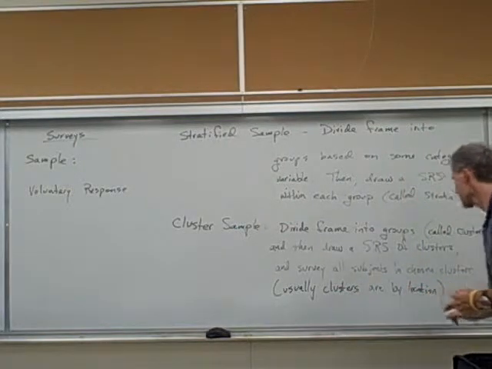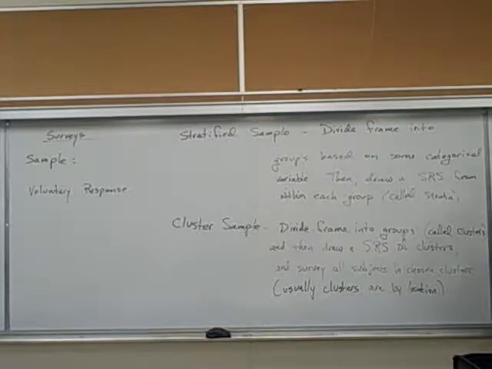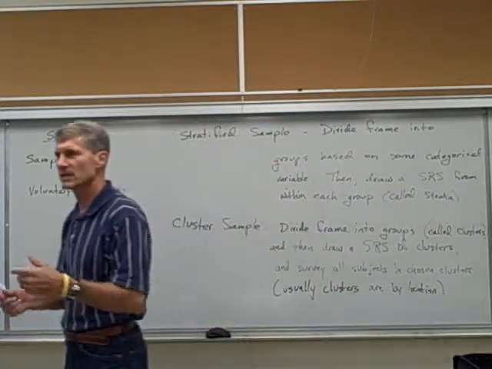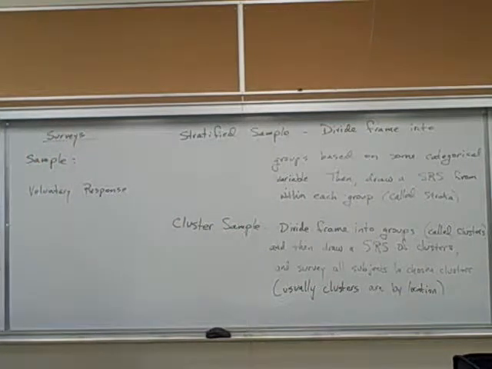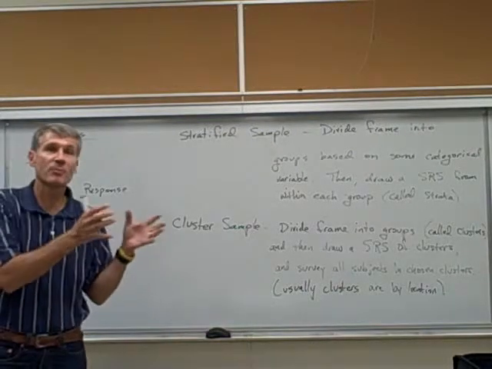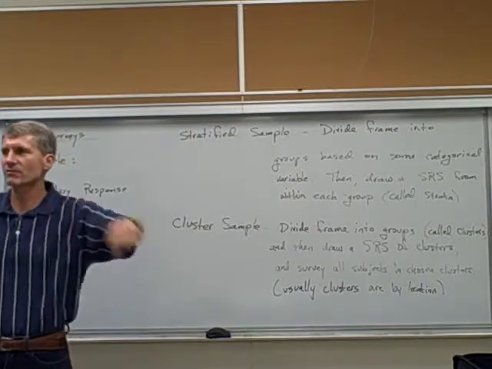And this is a common strategy for doing large surveys where your clusters might be cities or counties in a state. So you say, well, I'm going to look at all 50 states, but I'm going to randomly sample 5 counties from the state. In Kansas, there's 105 counties. So you wouldn't want to stratify by that because you'd have to go visit every single one of those 105 counties. You've got a lot of travel. But if you can randomly sample 5 counties, you only have to go to those 5 counties, but then you survey a lot more people from those 5 counties than you would from all of the others.